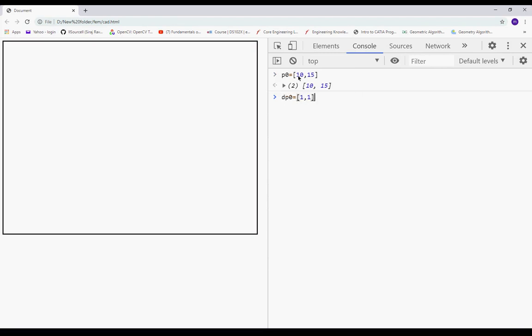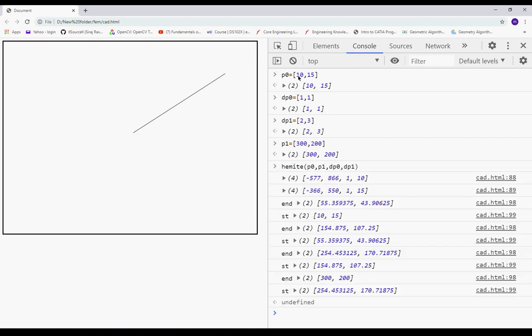P0, DP0, DP1, P1, then Hermite. So my start is 10:15. From 10:15, this is what I am getting, and again I get a N54, and my start point is going to become this.